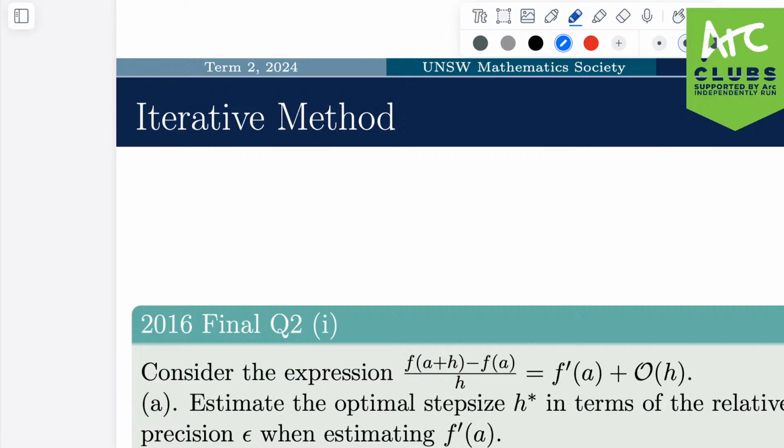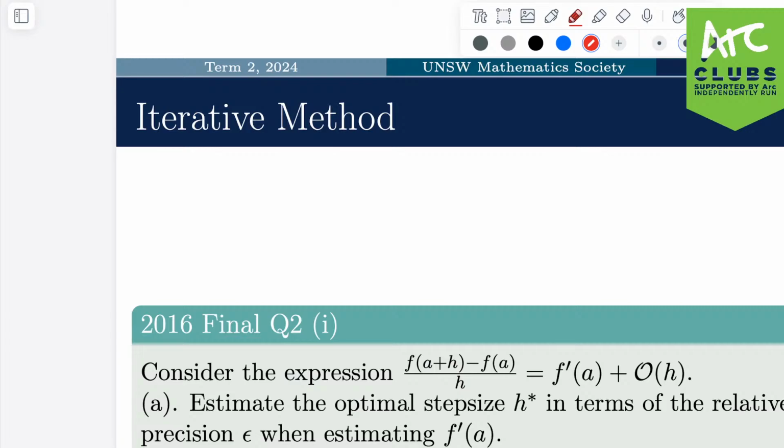But we also have something called the relative error of H. And the relative error of H is actually given as O of epsilon over H. So it's like the relative error in your approximation.